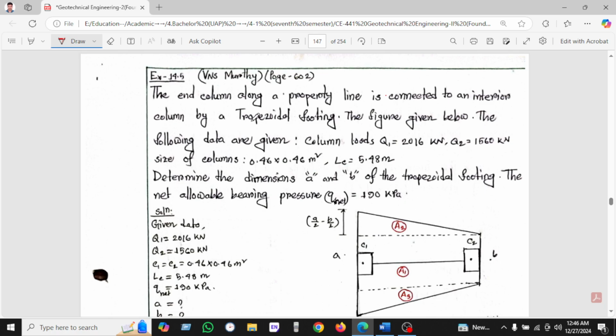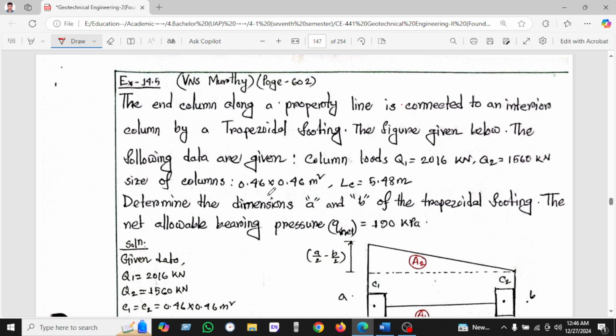Here is an example we can see. It is taken from BNS Murthy page 602. Before going to perform the lecture, I want to show the example. So let's read the question first.